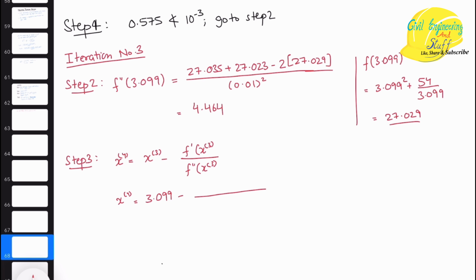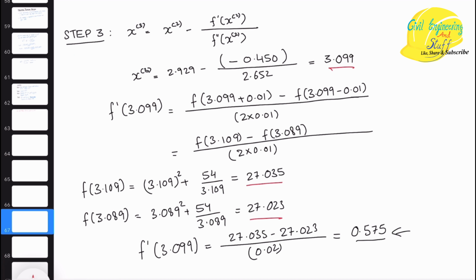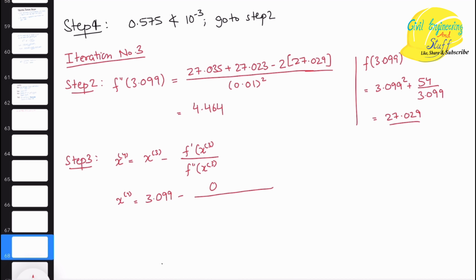The first derivative we have found in the previous step. The first derivative was 0.575, right? And the second derivative was 4.464. Okay, so on solving it, you will see that your x4, the fourth point, is 2.971. This is your fourth point, right?